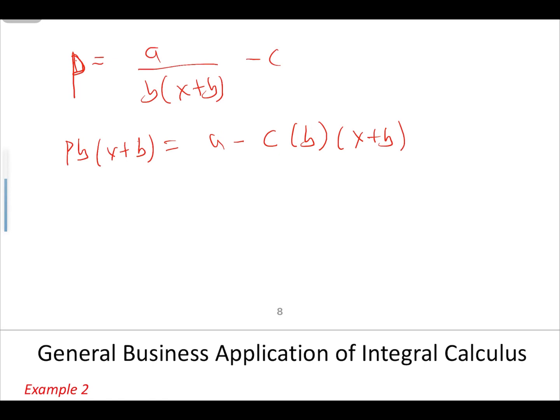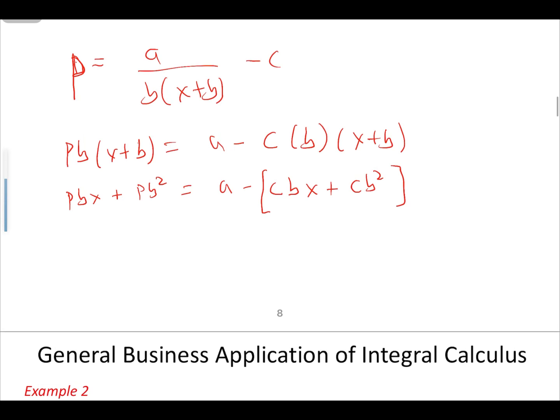So in this case, we need to group like terms, so we expand it: BPX plus BP squared, which is equal to A minus CBX, plus, remember that the minus affects everything, plus CB squared.